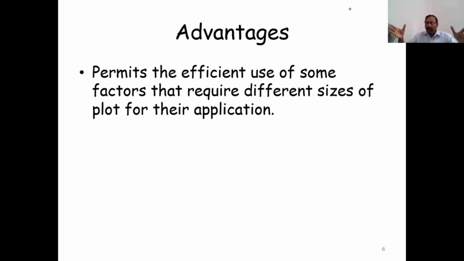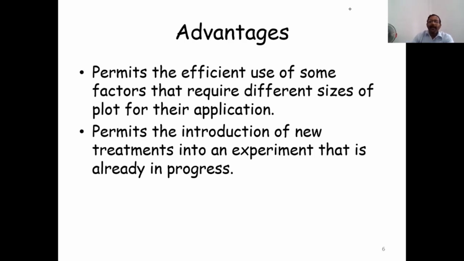Can you spray pesticide within a small area? What will happen if you spray a 2 by 2 square meter plot? It will spread to the other field also, because if there is airflow, the spray will drift. So that needs a fairly large plot.